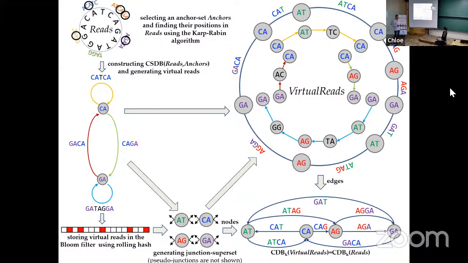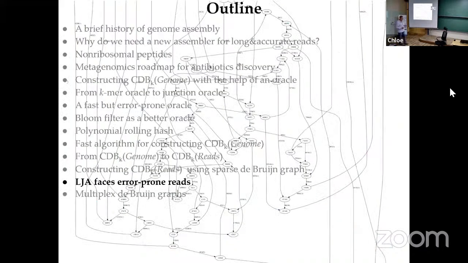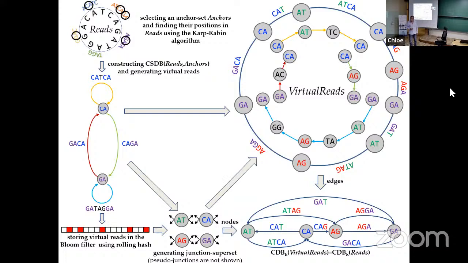Okay. And now you should probably ask me, okay, you suggest that we select some magic set of anchors, but how do we select them, in such a way that it's a small set and useful? Remember, it should be coordinated between different reads. We want to select the same k-mers in different reads, right?